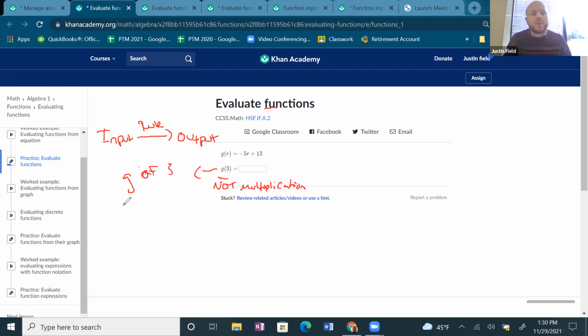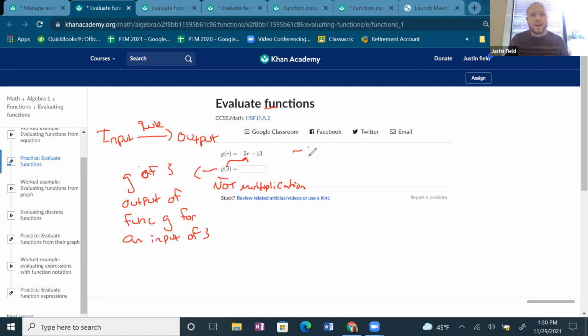This is the output of function g for an input of 3. All this language is overcomplicating something very simple, all right? So you can just remember that. What do we actually have to do? What we actually have to do is take this 3, wait for it, and substitute it in. That's it. That is it, okay?